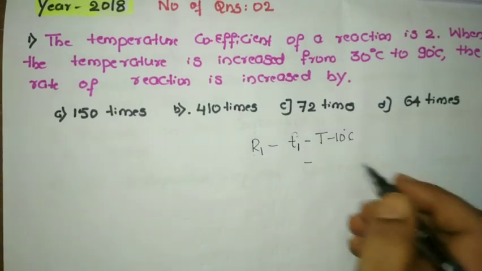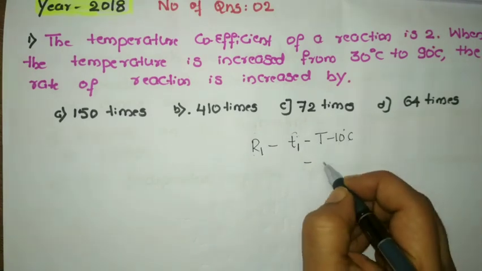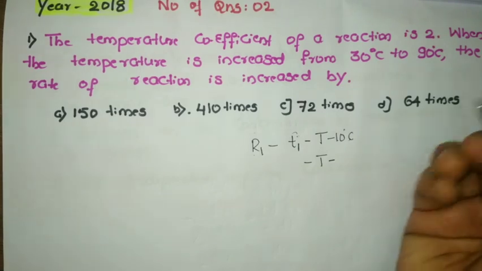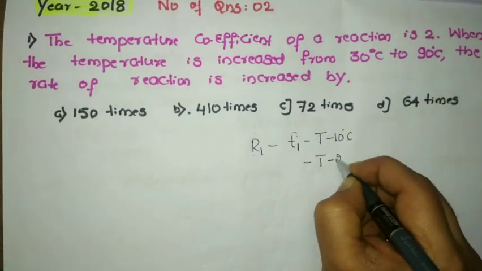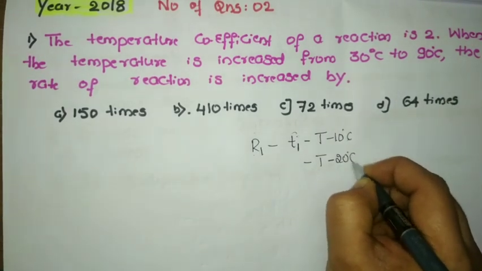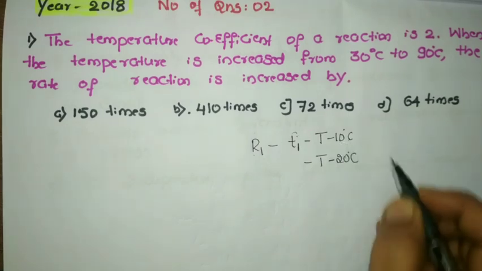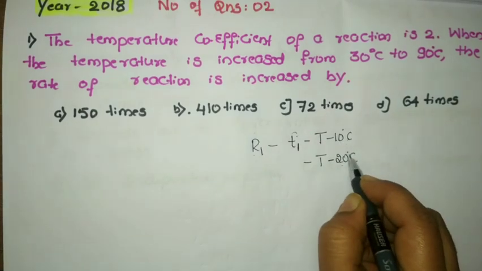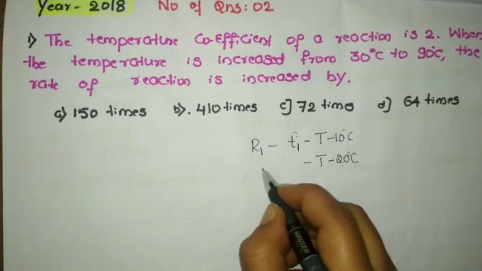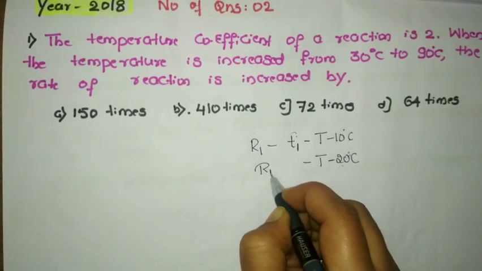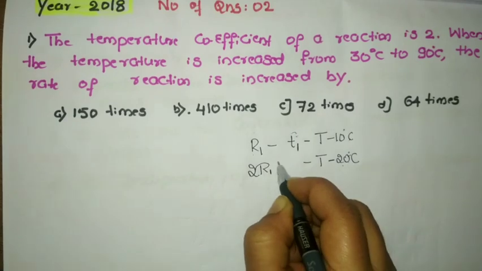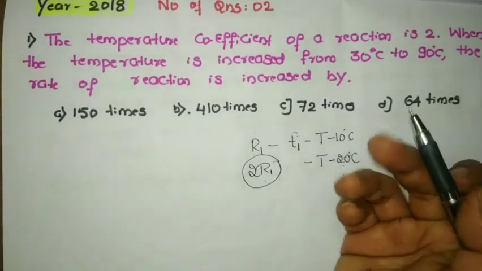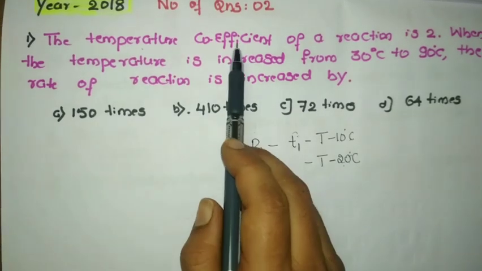Now I am going to increase the temperature by 10 degrees more, that is to 20 degrees. When I increase the temperature by 10 degrees Celsius, the rate of the reaction also doubles. This we are going to call the temperature coefficient.